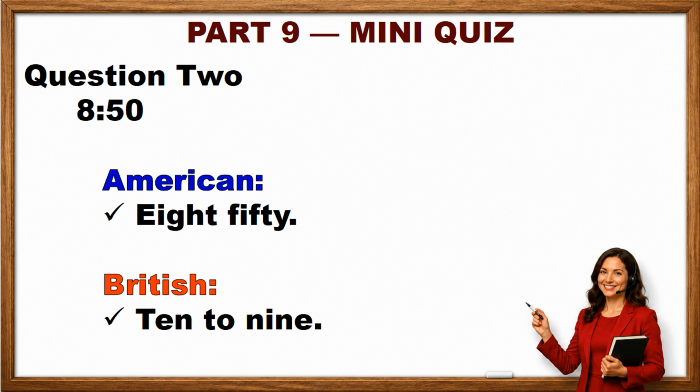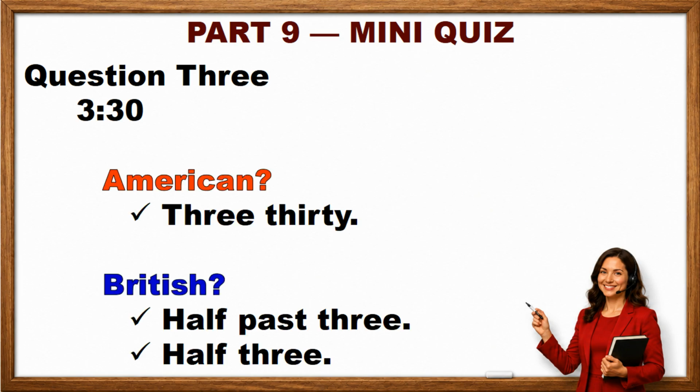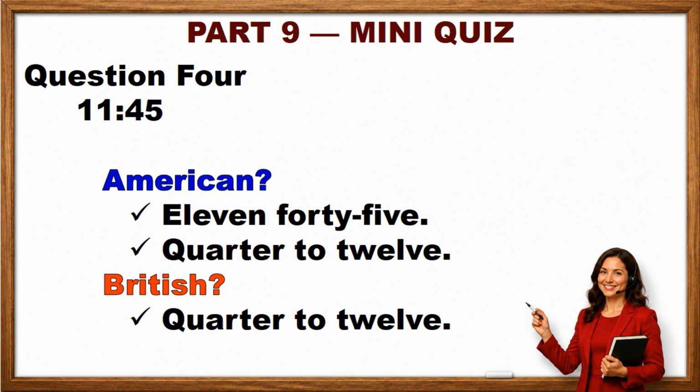British. 10 to 9. Question 3. American. 3:30. British. Half past 3. Or. Half three. Question 4. American. 11:45. Or. Quarter to 12. British. Quarter to 12. Excellent.